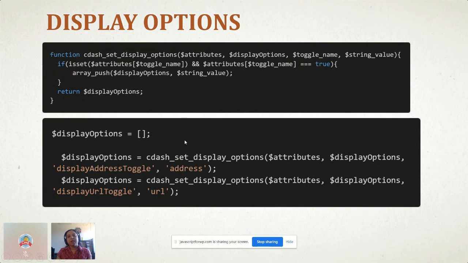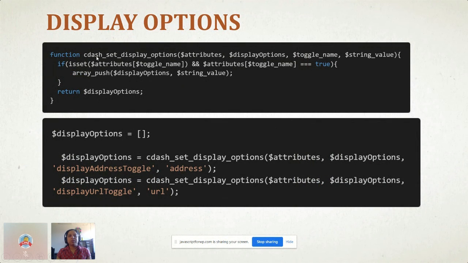To do that, in my PHP callback function, I created a new display options array, and for each of my display options attributes, I checked to see if it was true. I added the corresponding string value to the display options array.